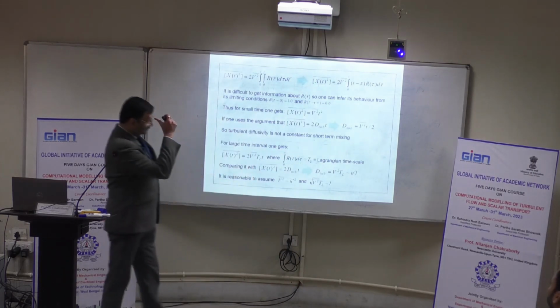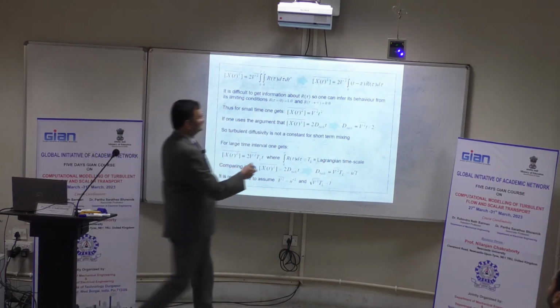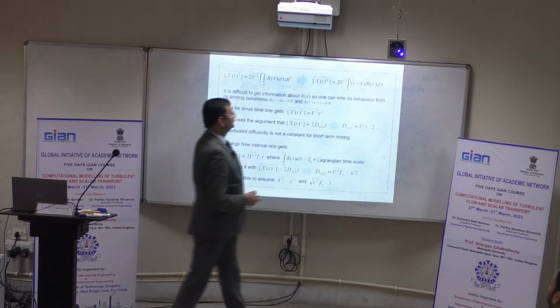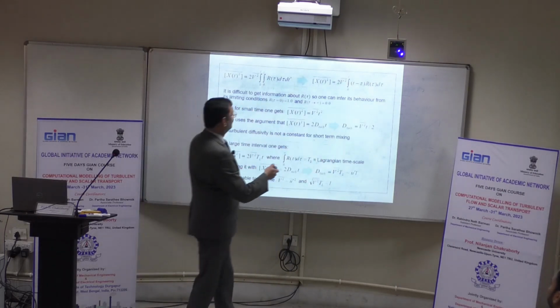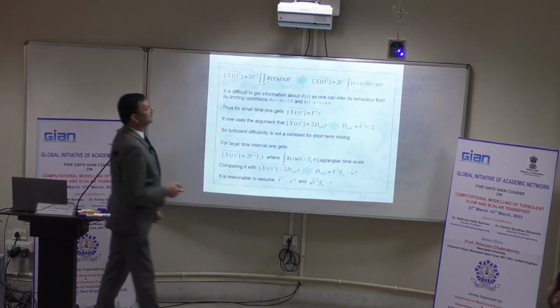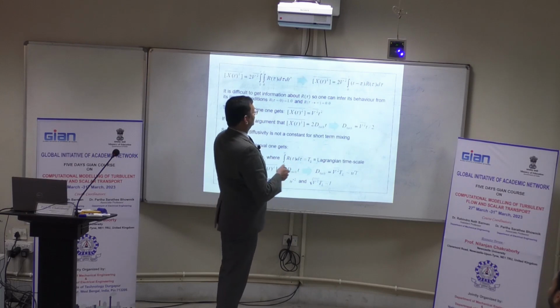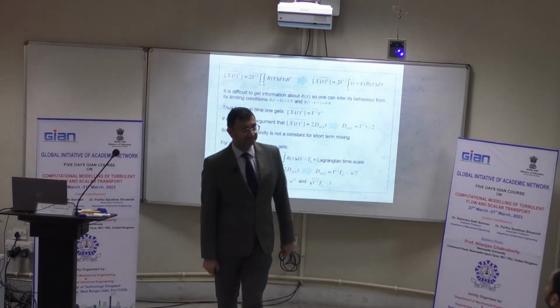Now consider when we put this one to be 1, okay? Effectively, this one varies as v squared, t squared.